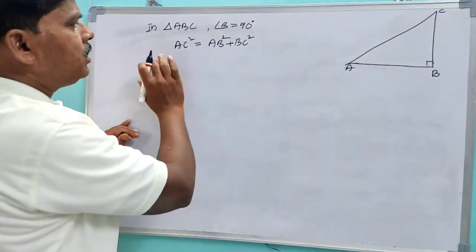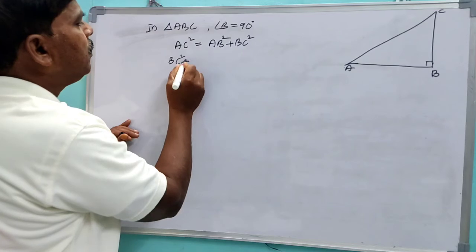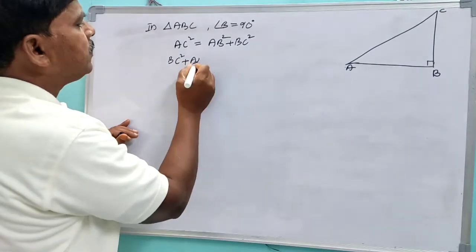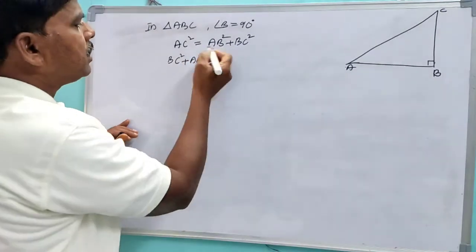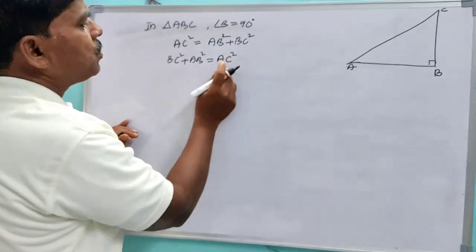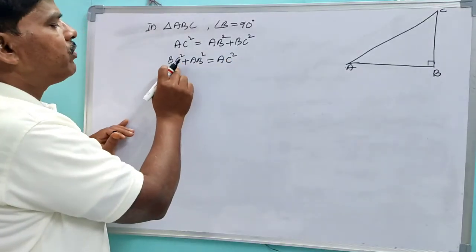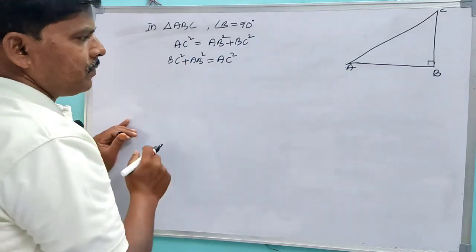Okay, so rearranging the terms, we can write BC square plus AB square is equal to AC square.